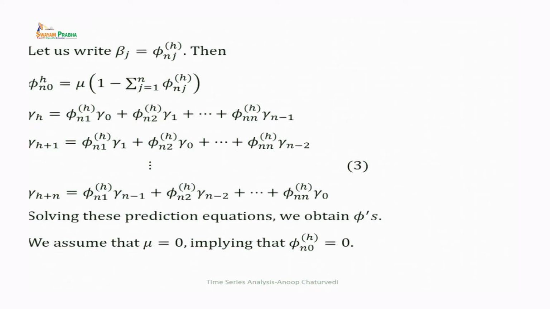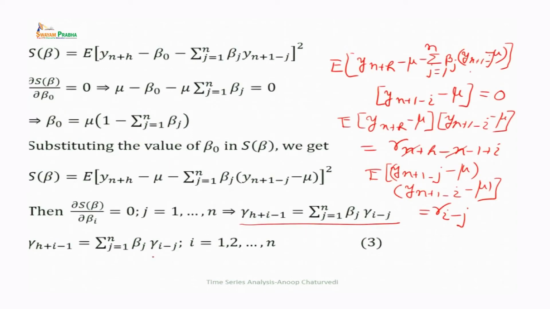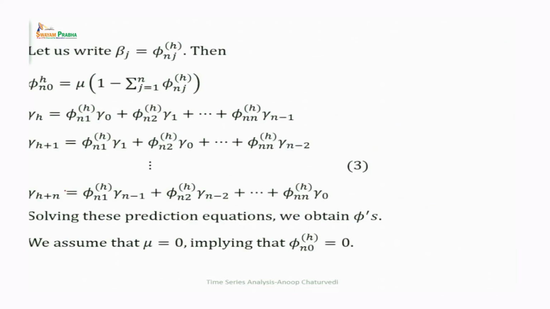Again for i equal to 2, you obtain gamma h plus 1 equal to phi n 1 h gamma 1 plus phi n 2 h gamma 2, and so on, plus phi n n h gamma n minus 2. So, substituting the values of i in this equation 3, finally, you write i equal to n, you obtain all these equations.